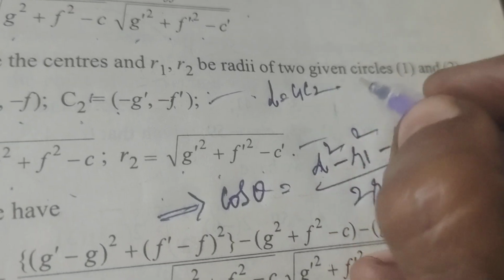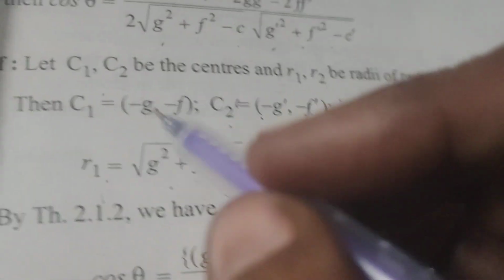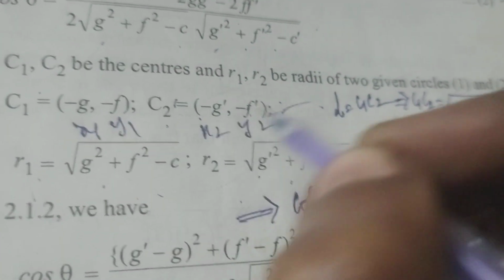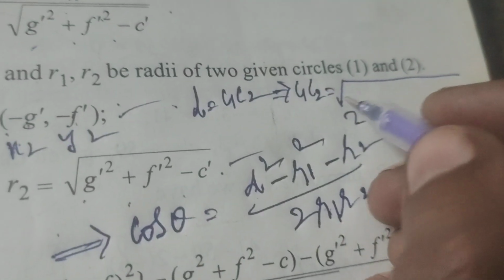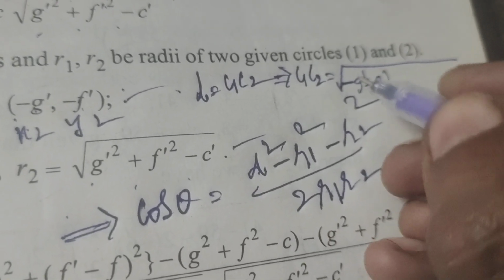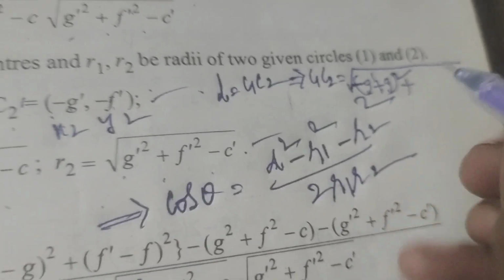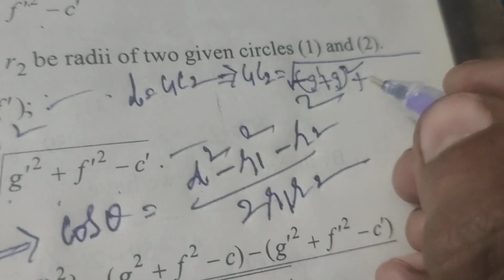Applying the distance formula to find C1C2, consider these as (x1, y1) and (x2, y2): root of (x2 minus x1) whole square plus (y2 minus y1) whole square, that is root of (minus g' minus of minus g) whole square plus (minus f' minus of minus f) whole square.